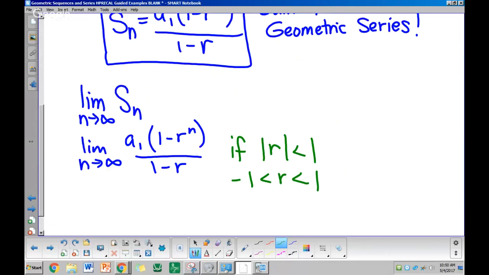Okay, if absolute value of R is less than 1. Is that sinking in? So what happens then? If absolute value of R is less than 1, what happens to this term? You guys all just witnessed it, we just did it, what happens to it? It goes to 0, whether it's positive or negative.